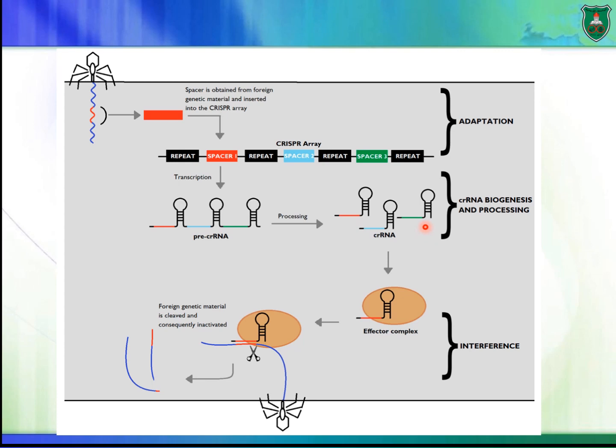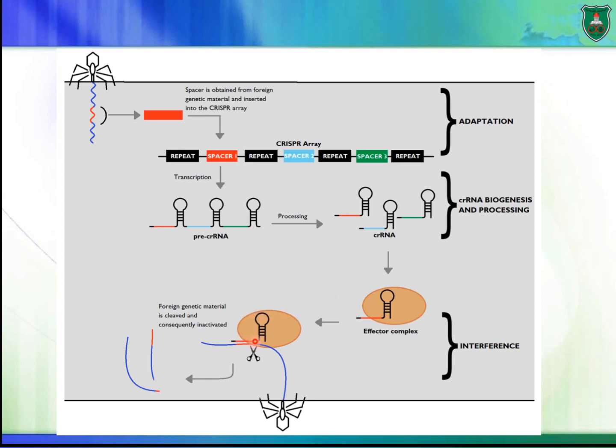What happens then is that each one of these RNA molecules is taken into the Cas9 nuclease. This is the Cas9, and the RNA is inserted into it, so it becomes a ribonucleoprotein. Now, the Cas9 enzyme is guided by the RNA molecule.